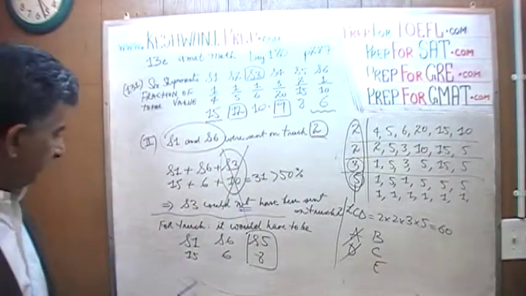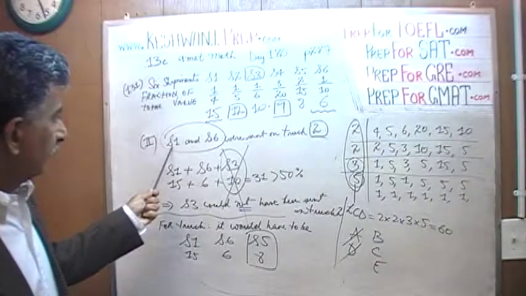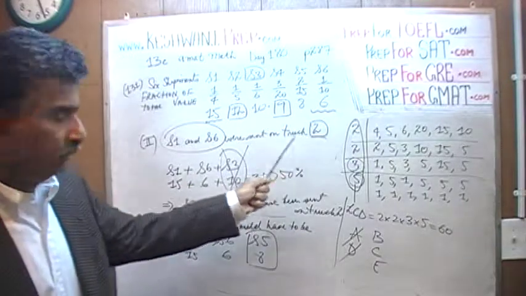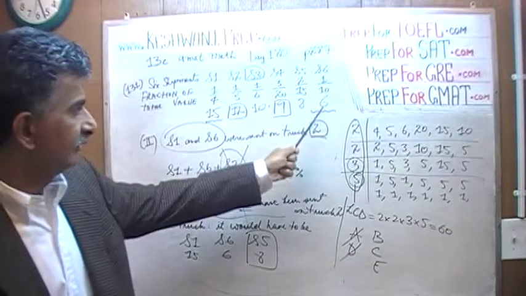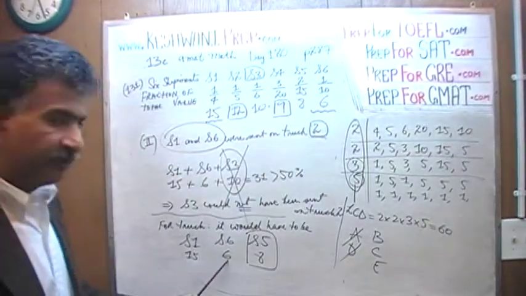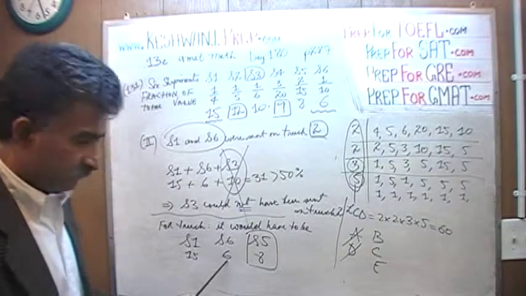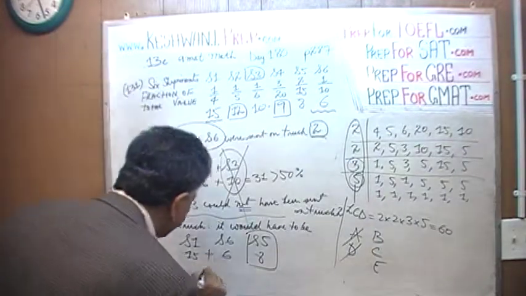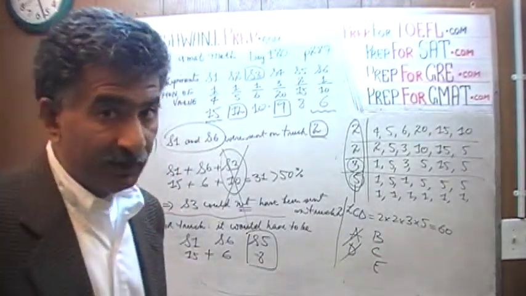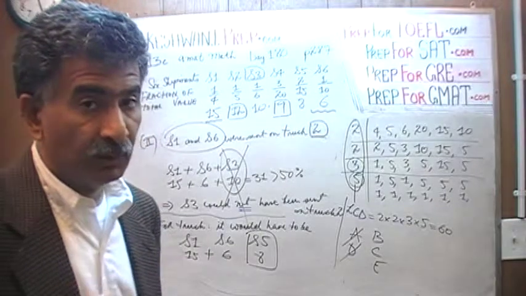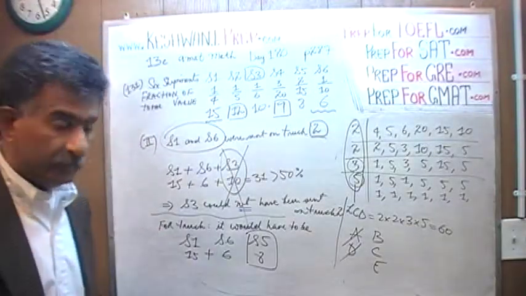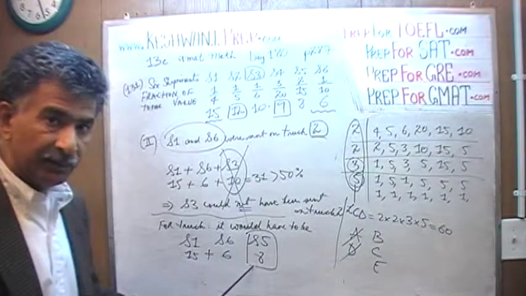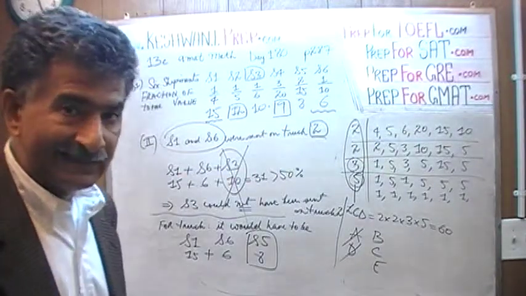One more time I'm going to explain it. Because we are told that shipment 1 and 6 were sent on truck 2, shipment 1 is 15, shipment 6 is 6, 15 plus 6 is 21, which means, because the total cannot be 30 or more, because 30 would be 50%, this is only 21, whatever is sent, the third shipment would have to be something less than 9.